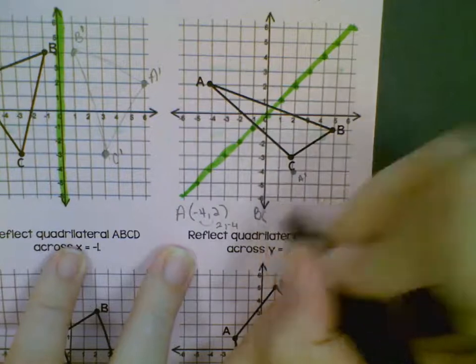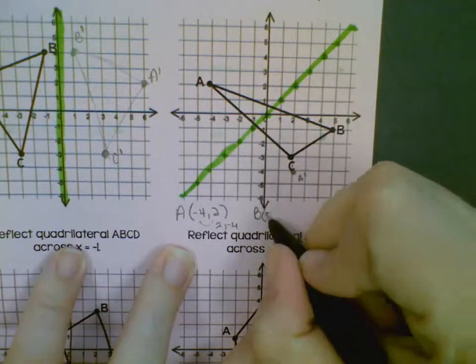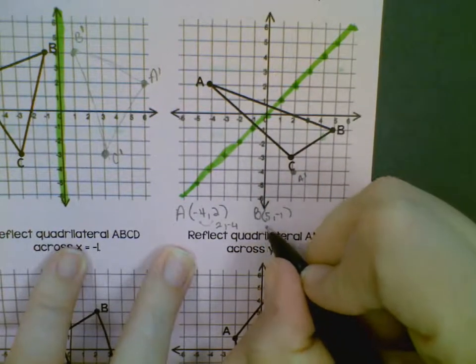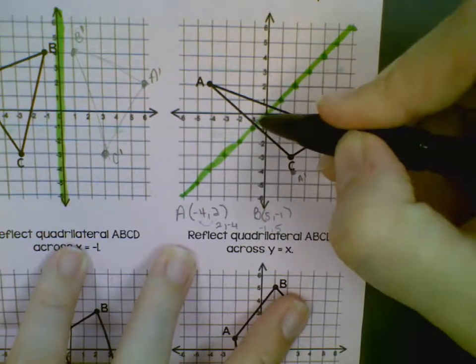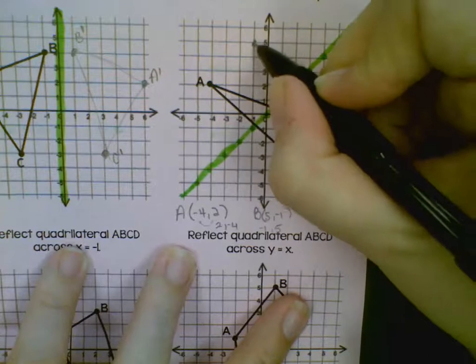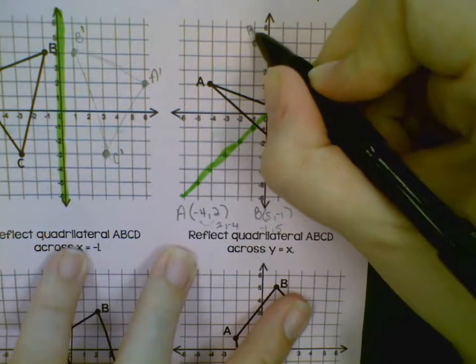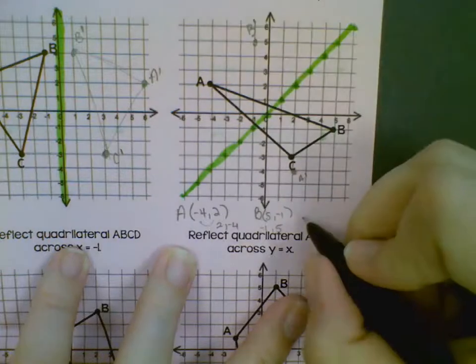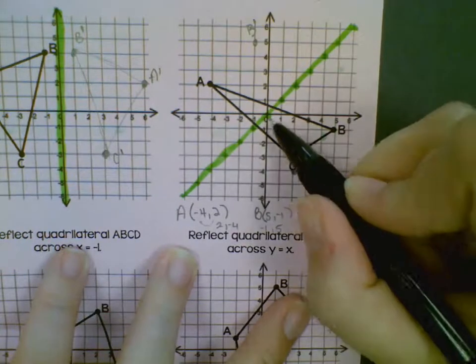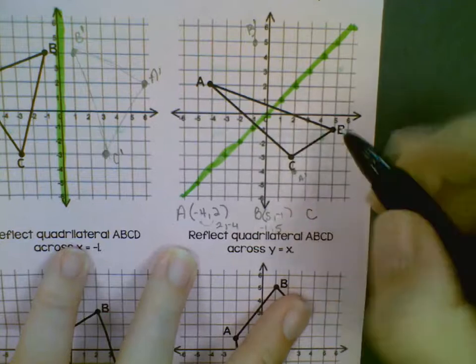So B is at 5, -1. So B prime would be at -1, 5. That's B prime. Our C point is at 2, -3.